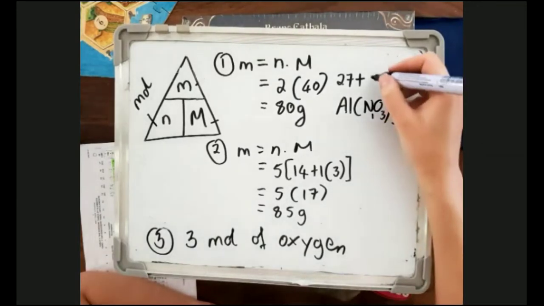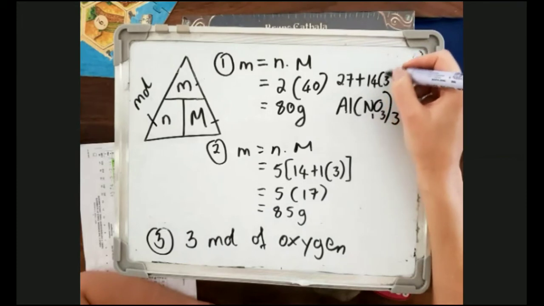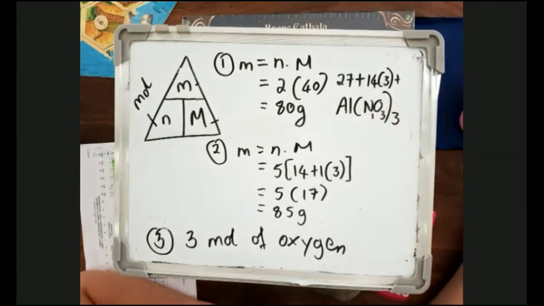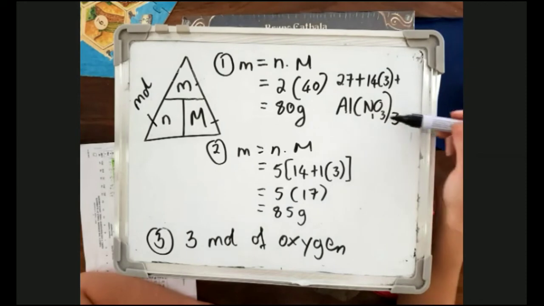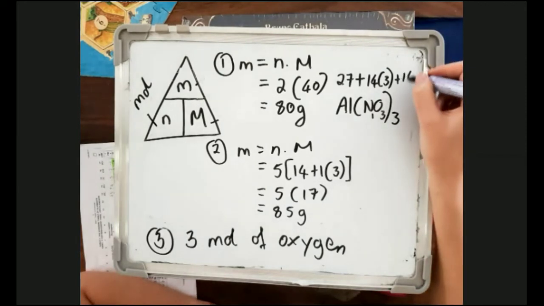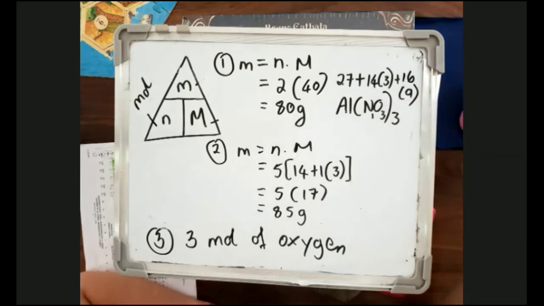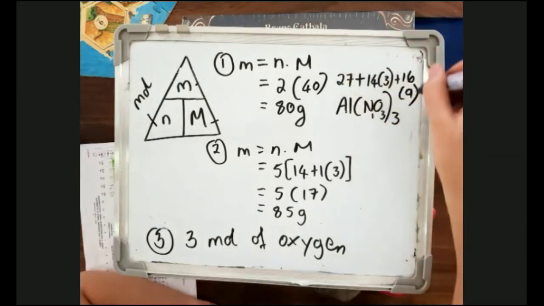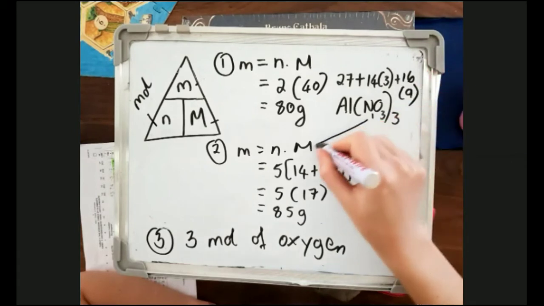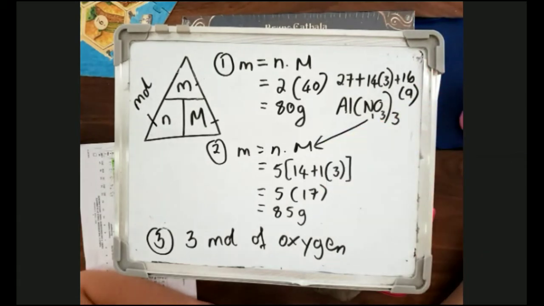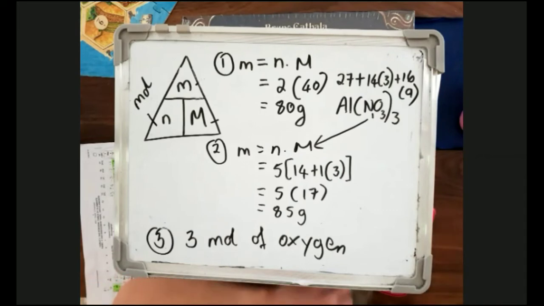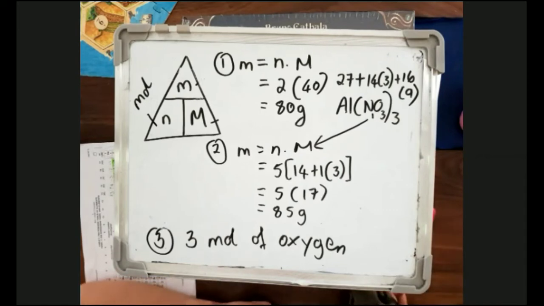Nitrogen is 14, but there's 3 of them. Then careful of oxygen, it's not 3 plus 3, it's 3 times 3. So it's 9 oxygens, so you'll go 16 multiplied by 9 to get your molar mass for oxygen. Then you add all of that together, and that will give me the big M, the molar mass of that substance. So be careful of anything where it's a compound and you have to add all of them together.